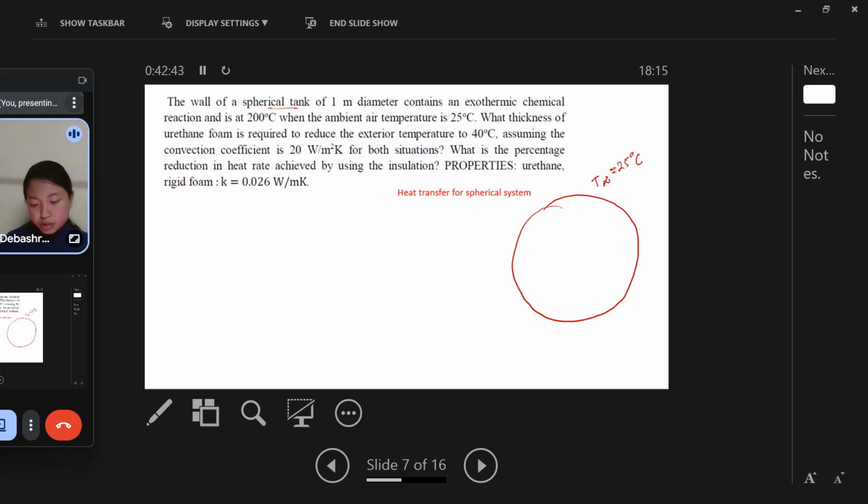The wall of a spherical tank is 1 meter in diameter. The whole one is the diameter, right? So the radius will be 0.5 meter.